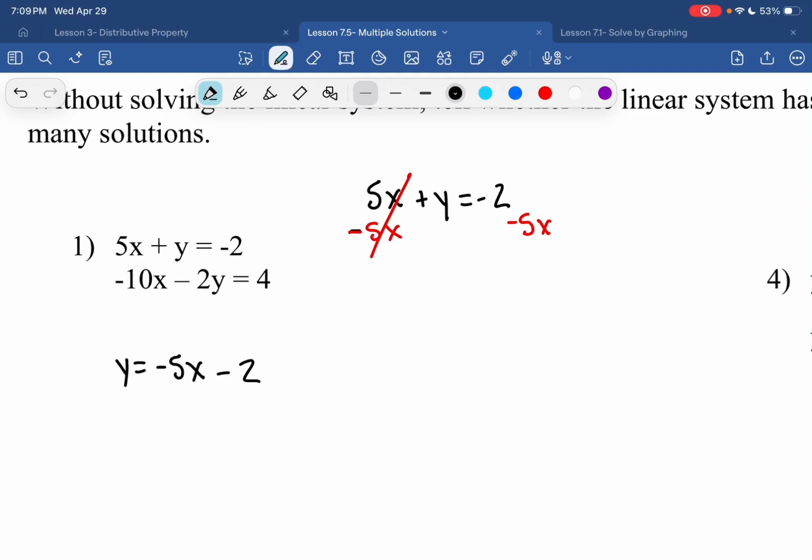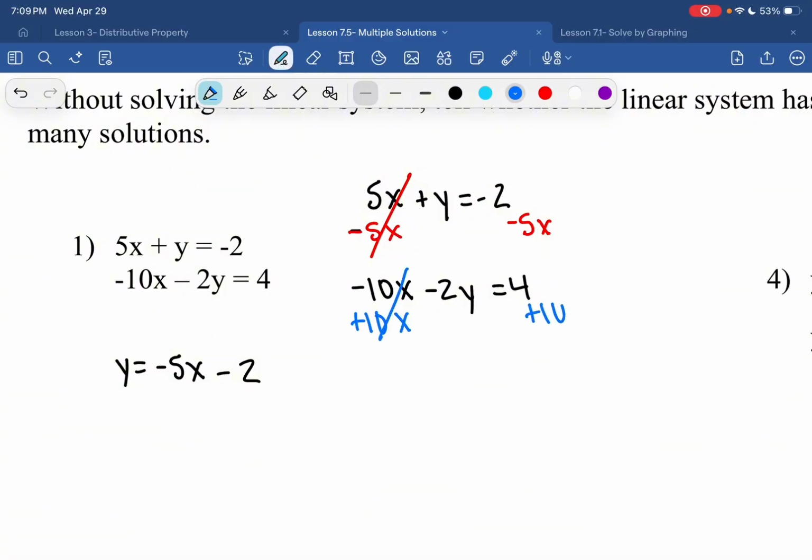Let's do our second equation. So we have negative 10x minus 2y equals 4. Same thing this time. I've got to move that negative 10x to the right side of the equal sign. So in order to cancel, the inverse of negative 10x is positive 10x. Those cancel.